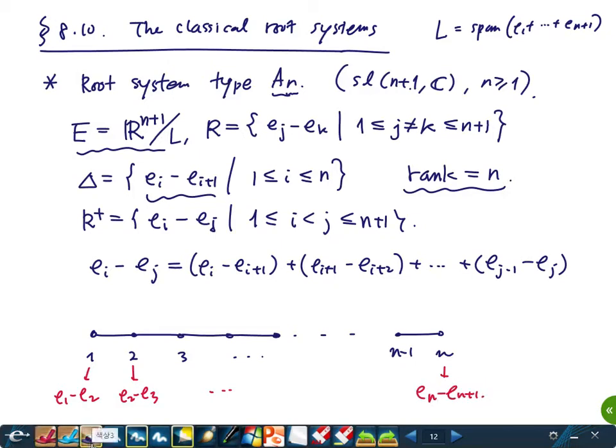As you can see from this Dynkin diagram, we have just a single edge. That means they have the same length. These two simple roots have the same length, and the angle between them is 2 pi over 3. Okay?